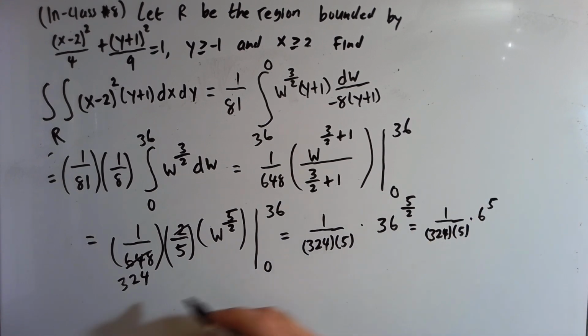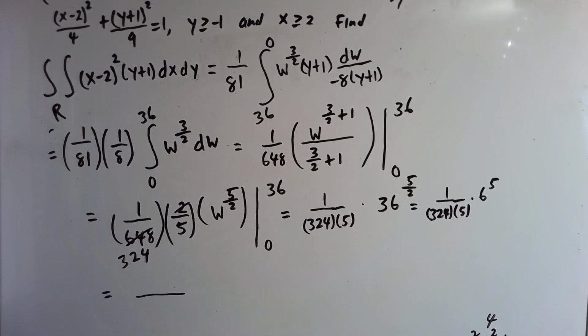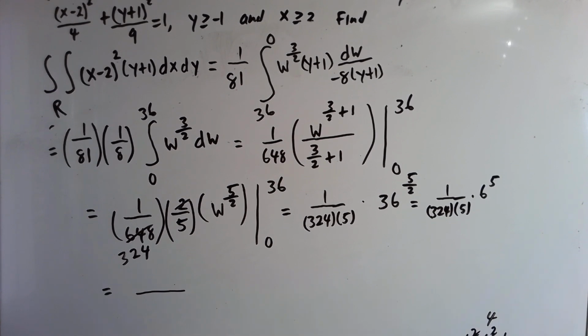Okay, so breaking 324 down into prime factors, you can check, not prime factors exactly, you can write 324 as 6 squared times 3 squared times 5.